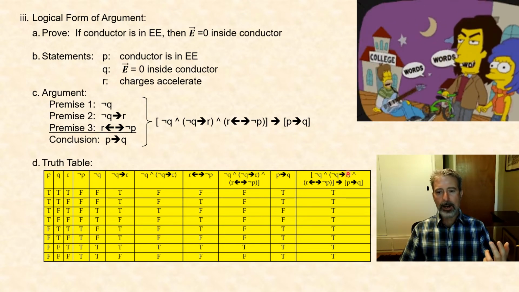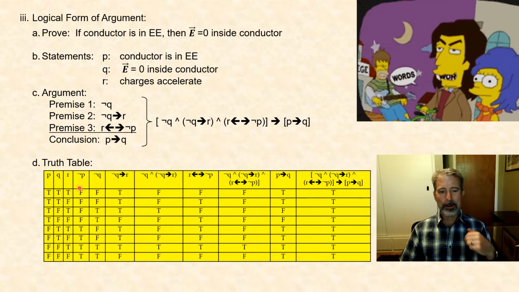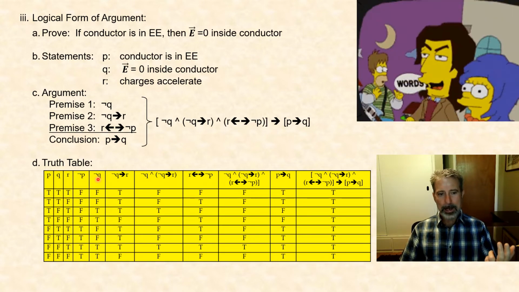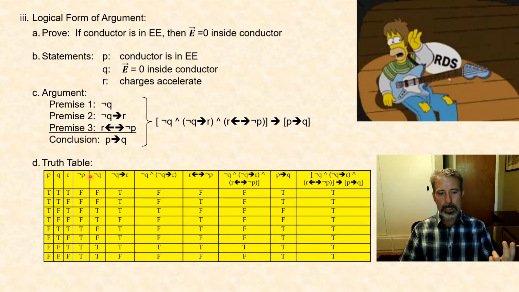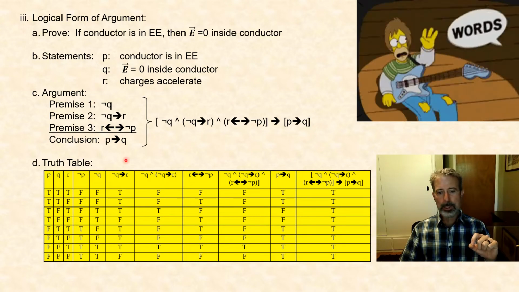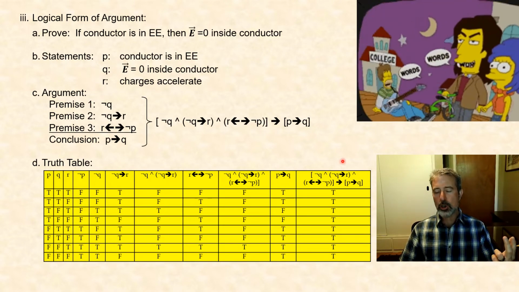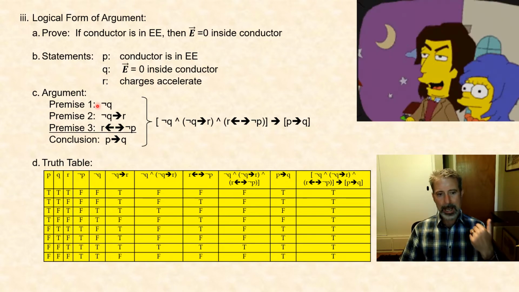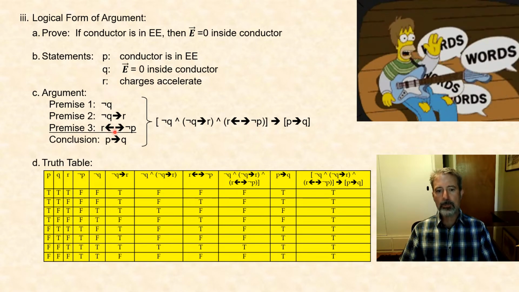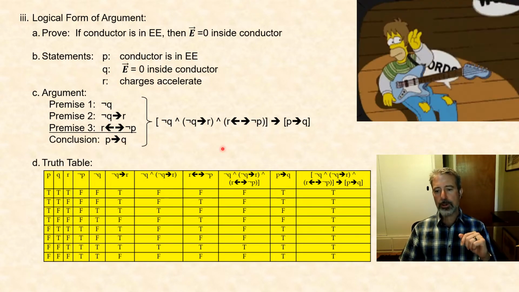I take each of these propositions, each of these original statements, and then I build up the premises, and finally over here I'm showing you the full argument, that if premise 1 and premise 2 and premise 3 are true, then we can conclude what we're trying to prove here.